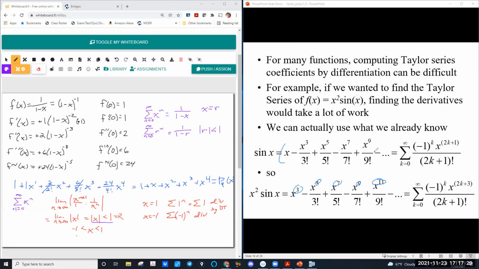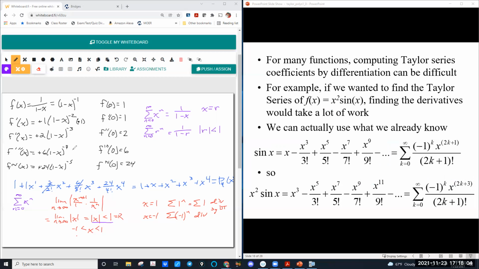So we took this series and multiplied it by x squared. What did that do? That increased all the exponents by 2. So in the closed form, our exponent is now exactly 2 higher. We did not have to take a single derivative of x squared times sine of x. This is what's called using a known Taylor series to find the Taylor series of more complicated functions.